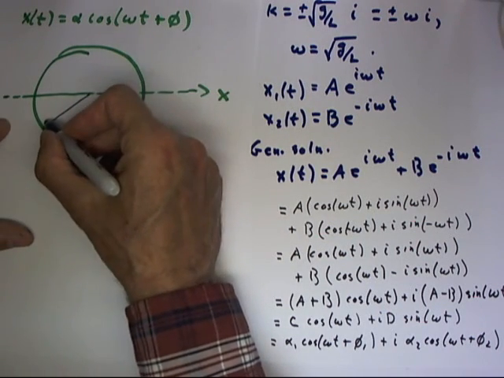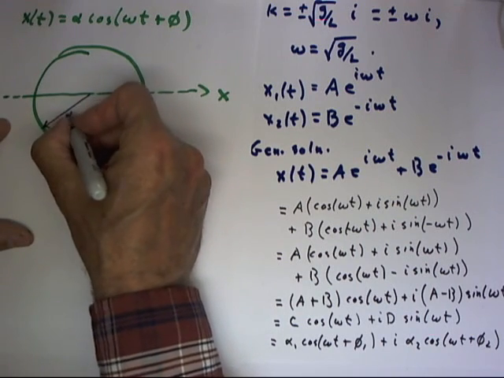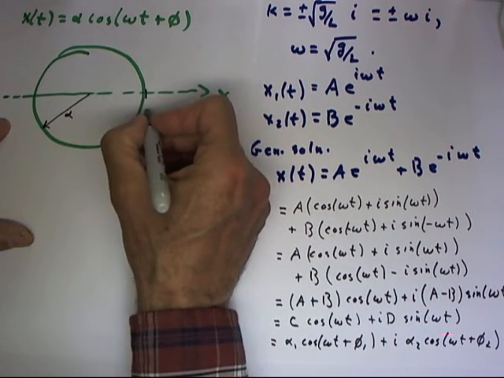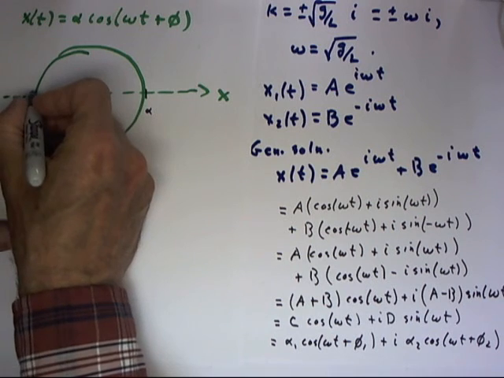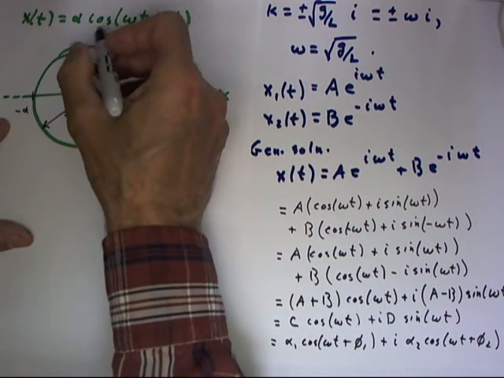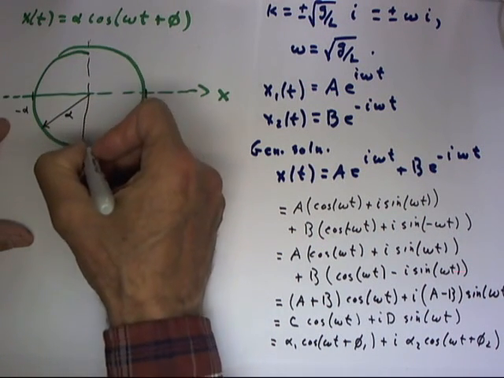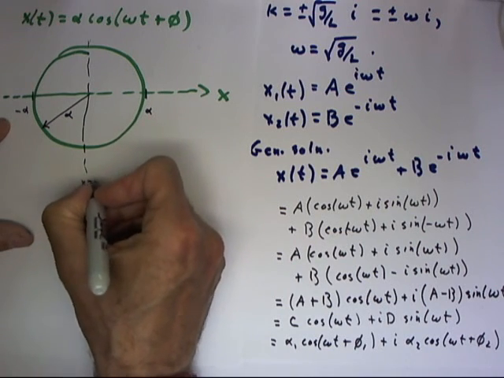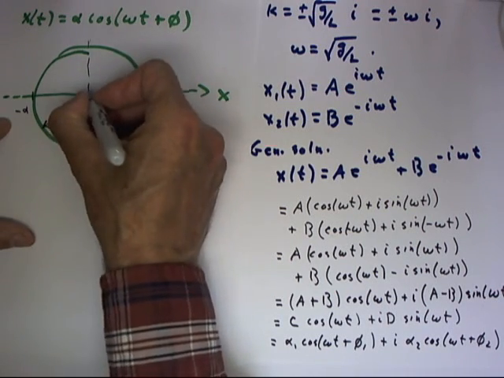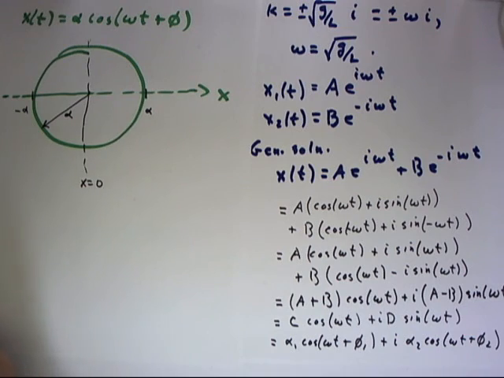The radius of this circle, therefore, is going to be alpha, which makes the maximum value of x alpha, the minimum negative alpha, and of course, here's the line where x equals 0 at the center of our circle.